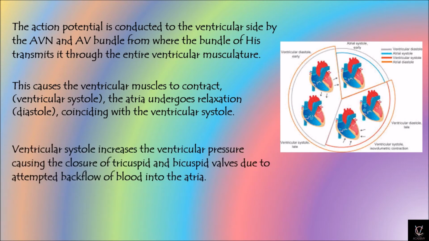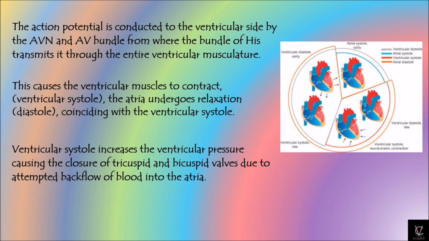Ventricular systole increases the ventricular pressure, causing the closure of the tricuspid and bicuspid valves due to attempted backflow of blood into the atria. So here what happens? The ventricular systole increases the ventricular pressure, causing the closure of the tricuspid and bicuspid valves. Earlier we discussed that blood flows into the ventricles through the tricuspid and bicuspid valves as they are open.